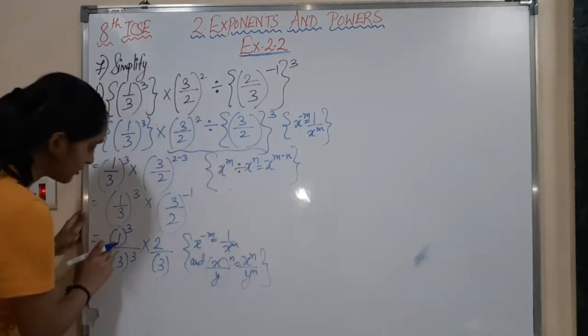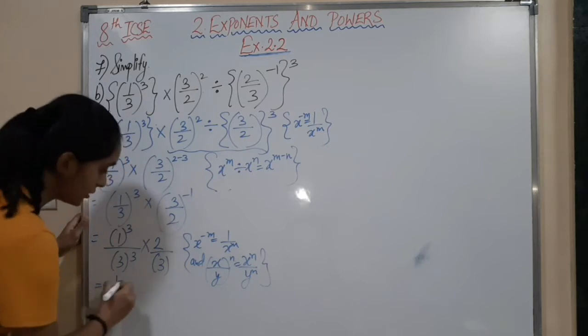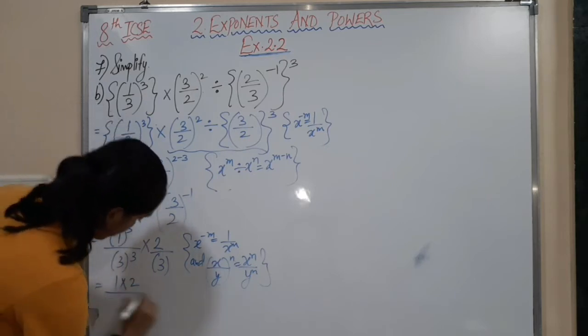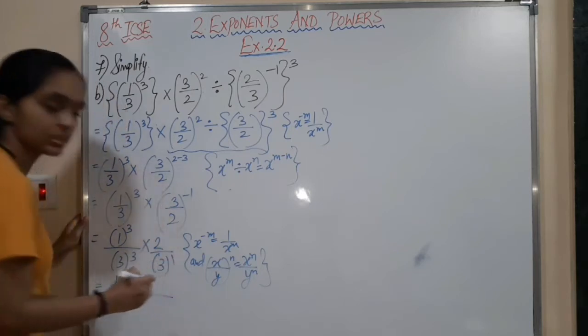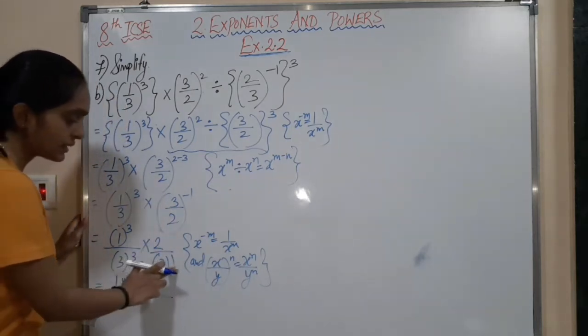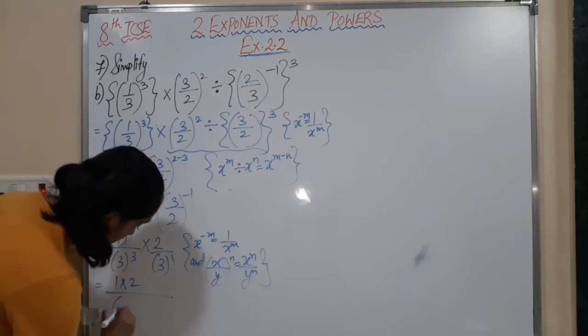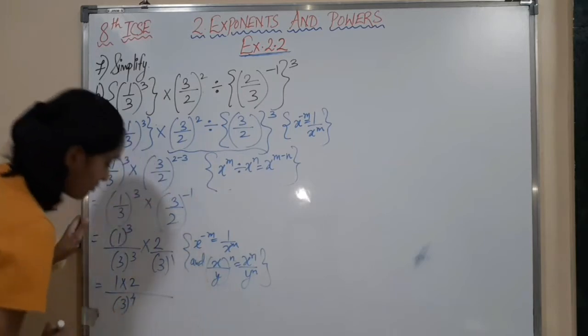So here you will get 1 raised to 3 will be 1 multiplied by 2 upon, here 3 raised to 3 and 3 raised to nothing is there, so 3 raised to 1. So we will add these powers. So you will get 3 raised to 4.